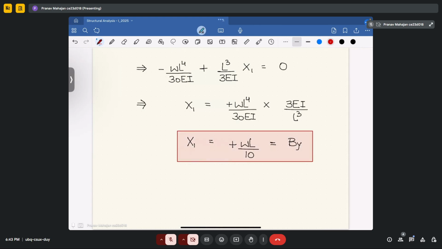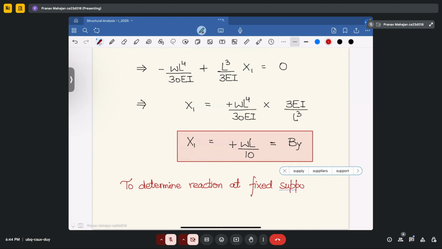Now to determine the reaction at fixed support, how we will do that? We will use summation of vertical forces to be equal to 0. Let's say I will write it to be Ay.